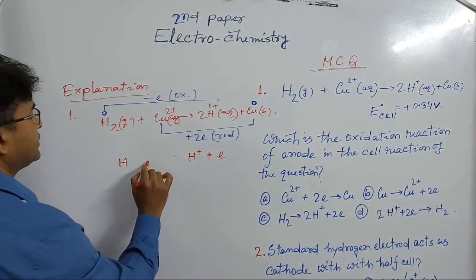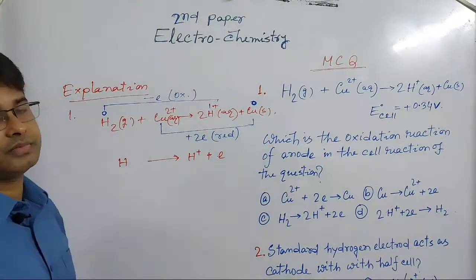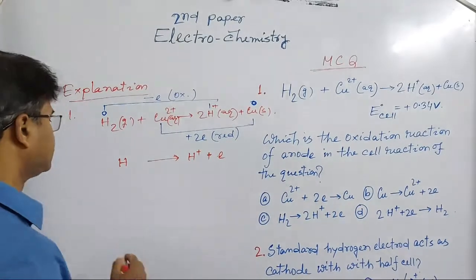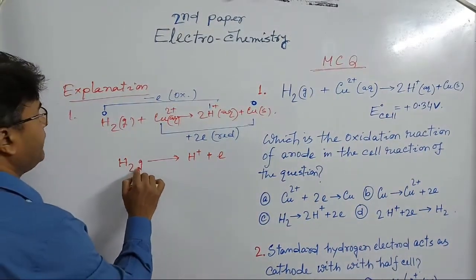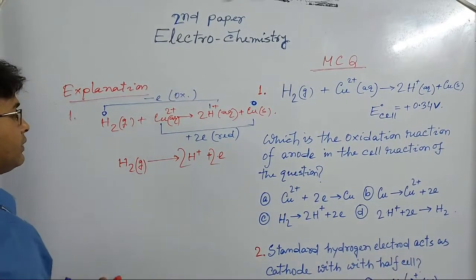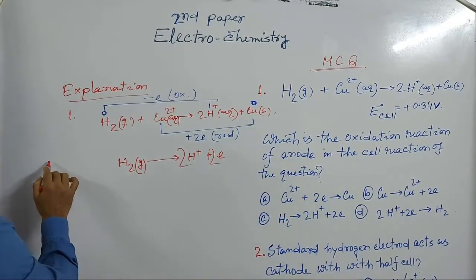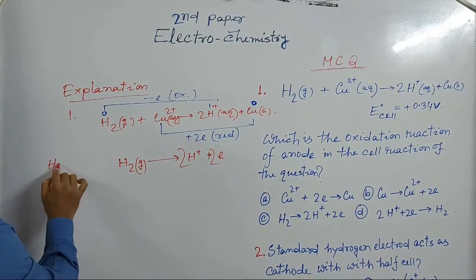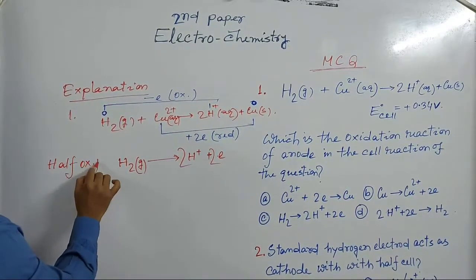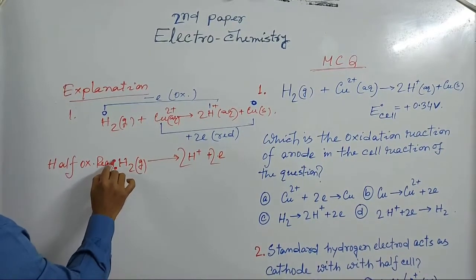So here I have to write hydrogen is equal to H plus electron, but you know that hydrogen is diatomic. That's why I have to write here 2, and to make it balance I have to write also 2 at the right side. And this is anode half cell reaction or half oxidation reaction.